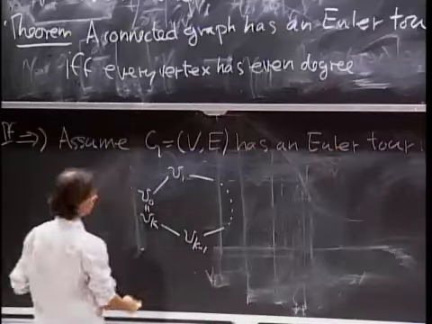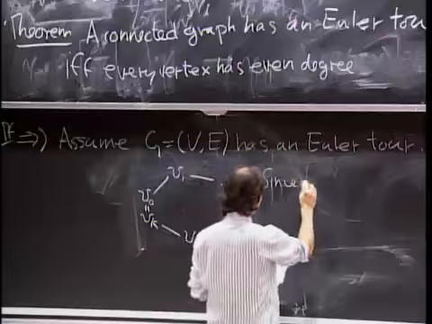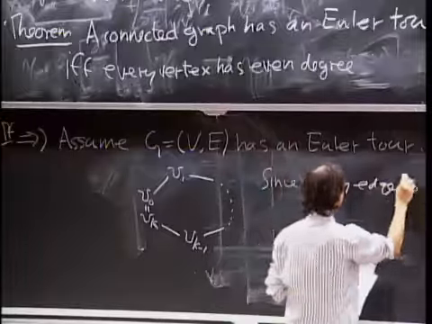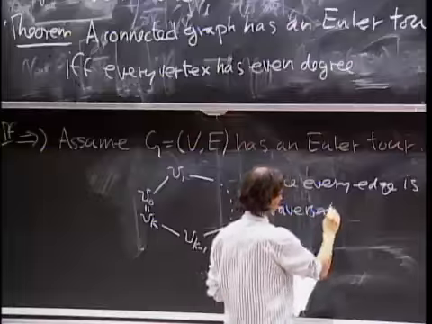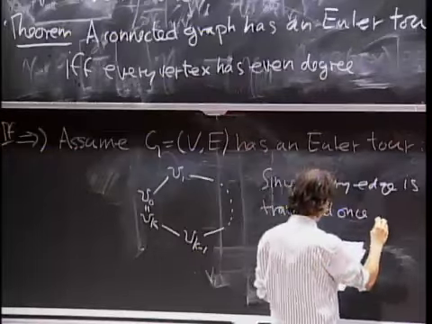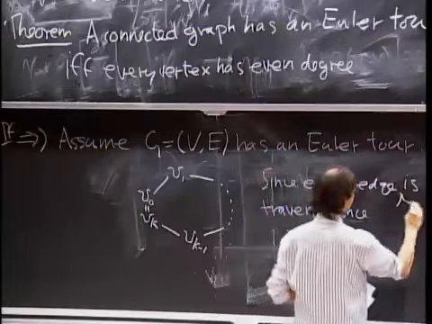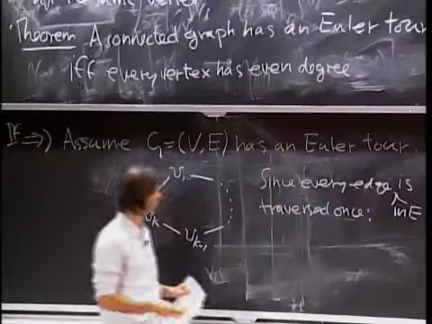So what does it mean? Let's write this down, actually. Since every edge in E is traversed once, what can we conclude from that?